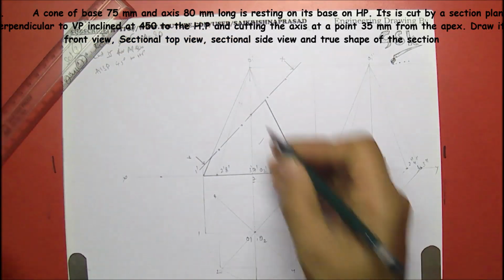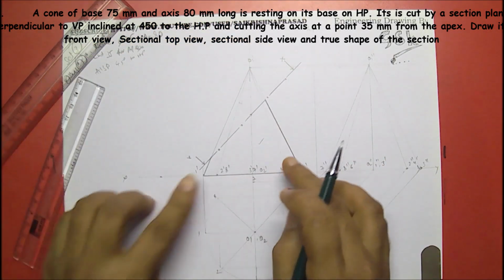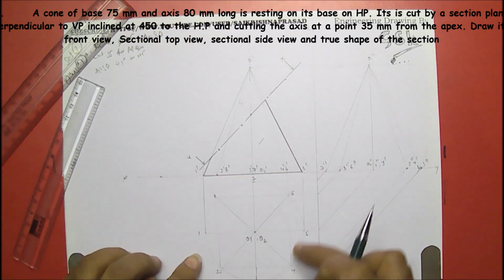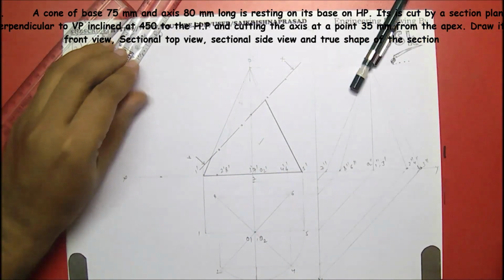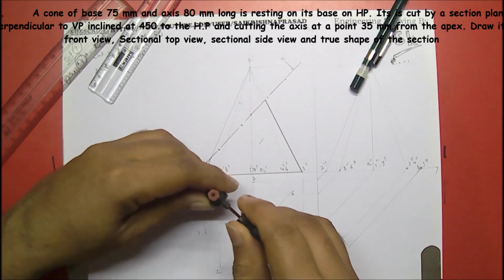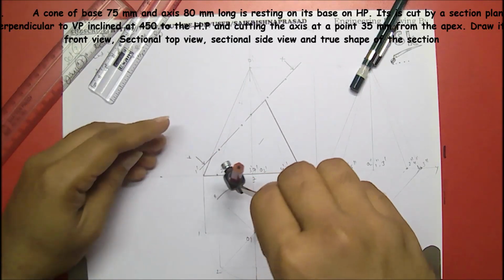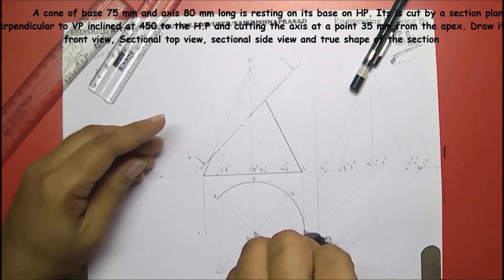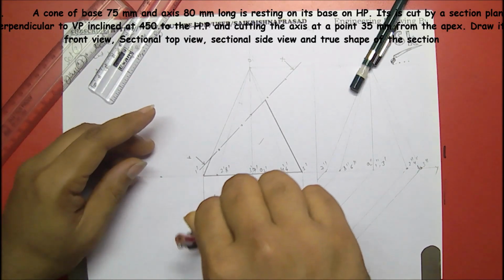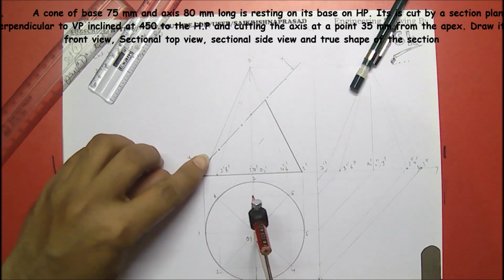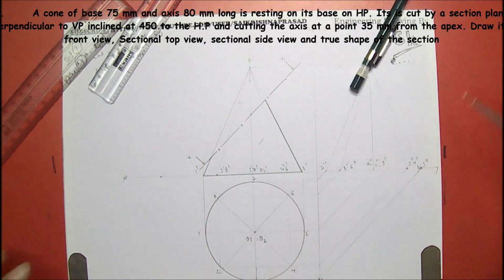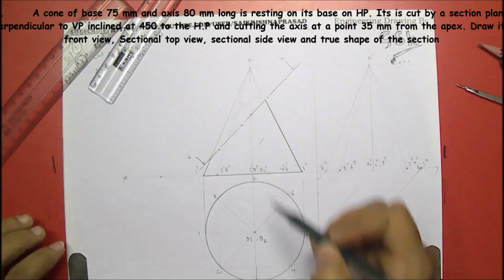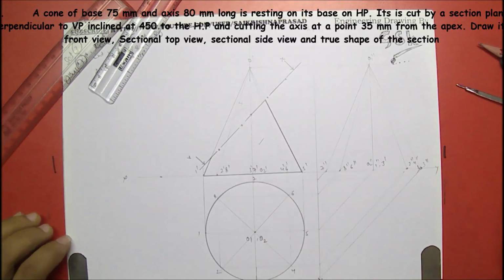Right, now this portion is remained and this portion is remained for the bottom, so I can dark this bottom also. Because the bottom of the cone is not disturbed with the section plane. See here, the section plane is not touching the bottom, so I can draw this dark. So this portion light, this portion dark.